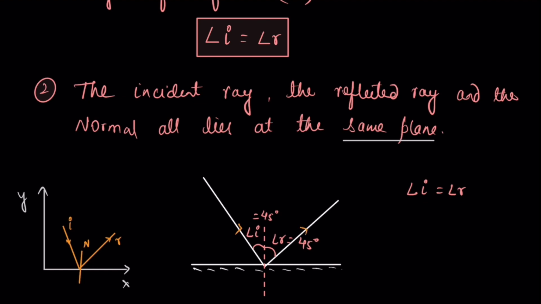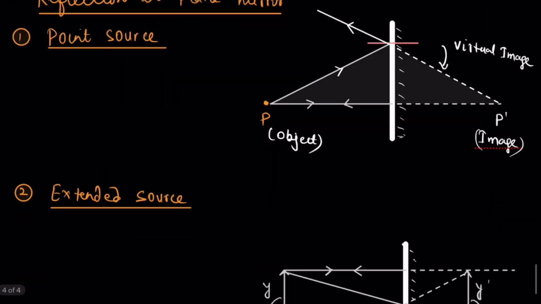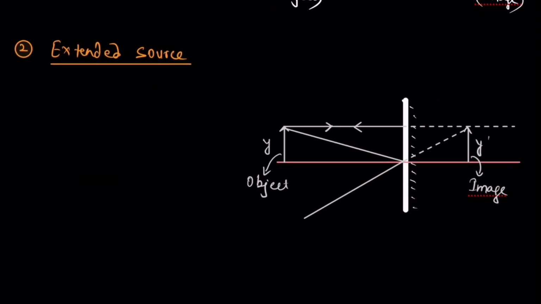Okay, let's continue to our topic. I hope you understood the point source and the extended source. So here we noticed that when we place the object on the reflecting side of the plane mirror, an image is formed. So what is this image? How can you define the term image?